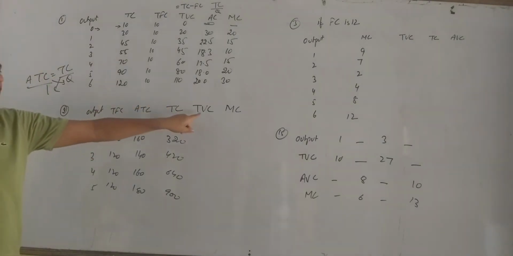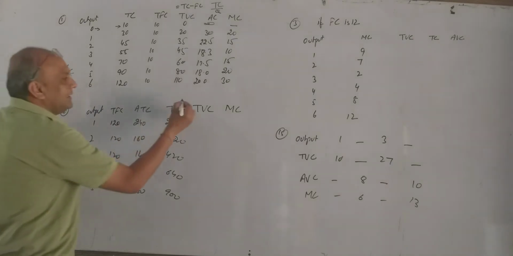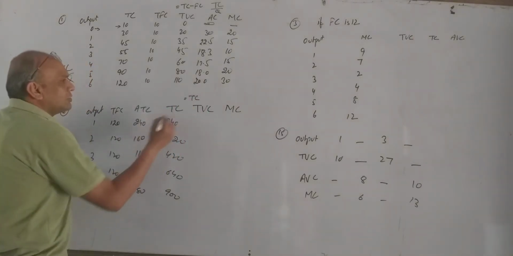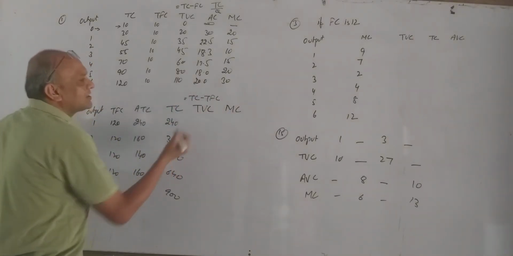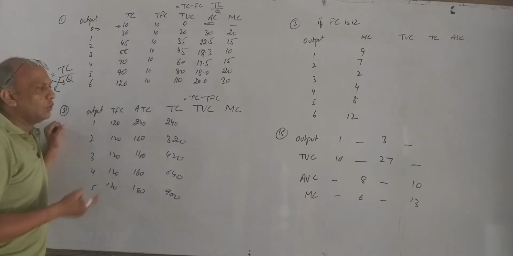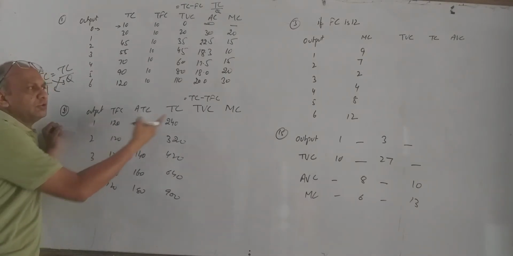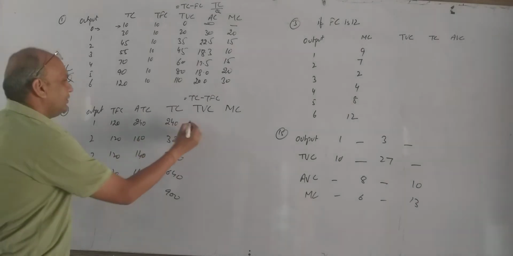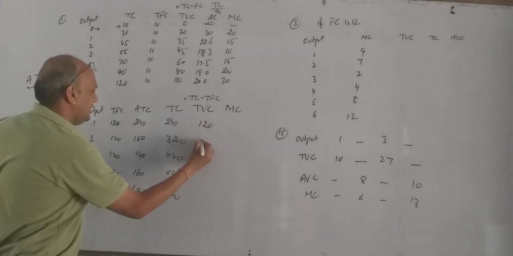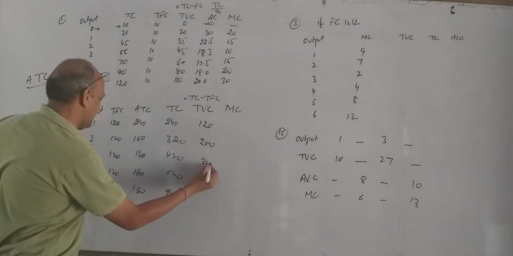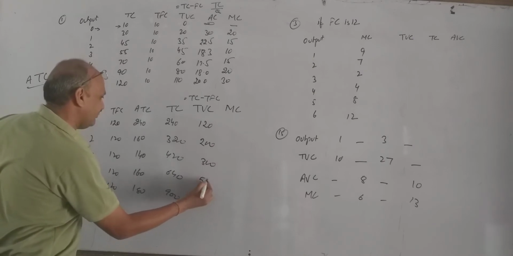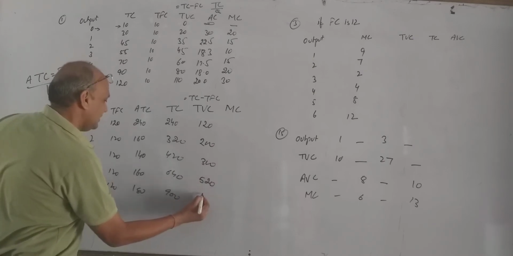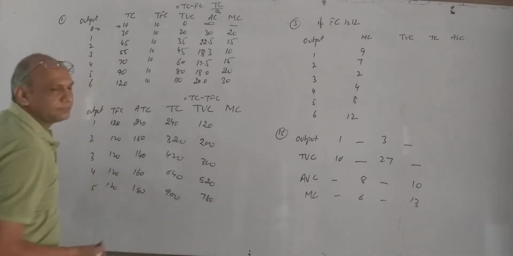Now the sum is asking total variable cost. My dear, we have already been given total cost and total fixed cost. If we deduct fixed cost from total cost, the result will be TVC. So it will be 120, 200, 300, 520 and now 780.